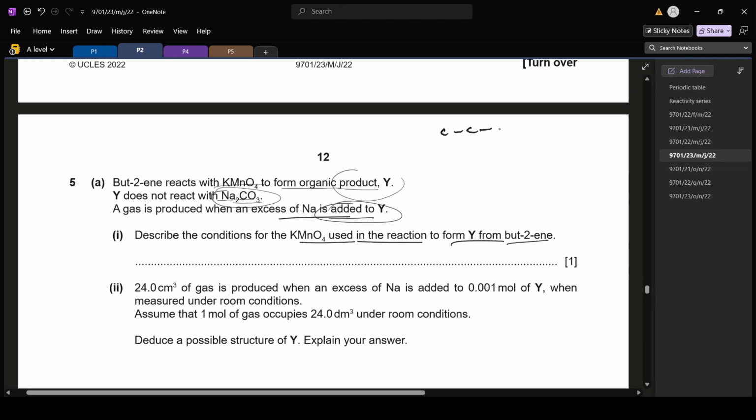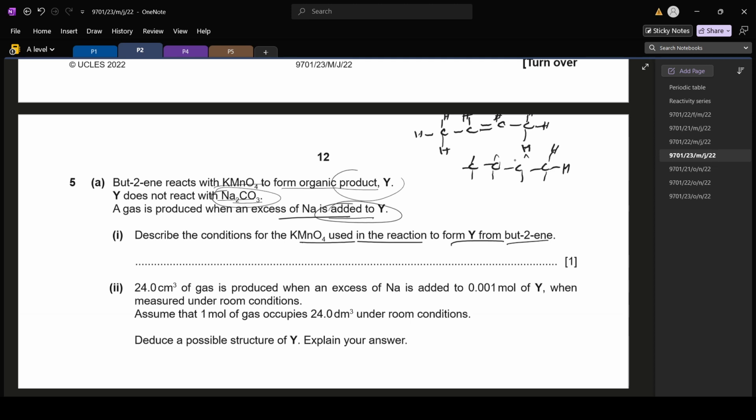So when but-2-ene is reacted with cold KMnO4, this forms this compound, which is 2,3-dihydroxybutane.